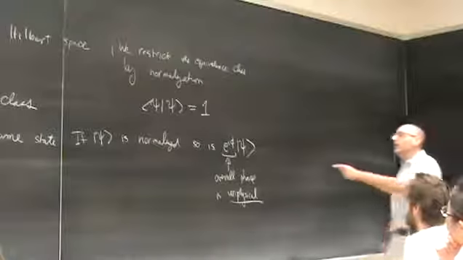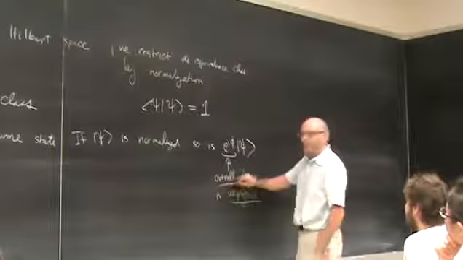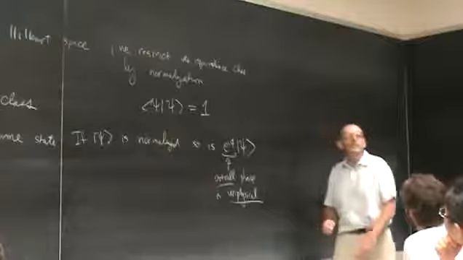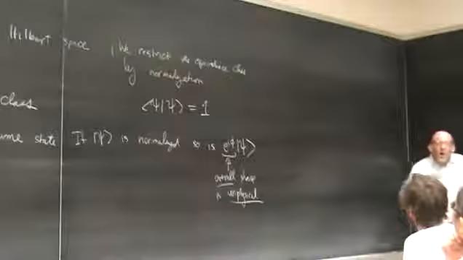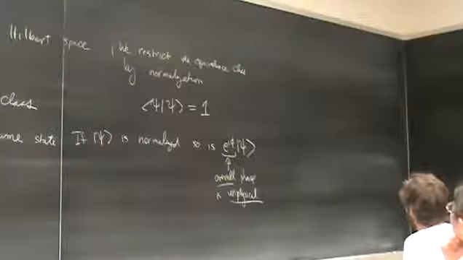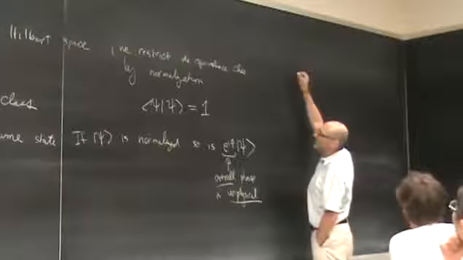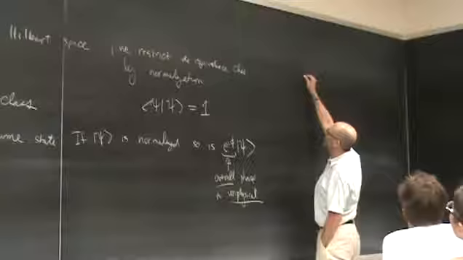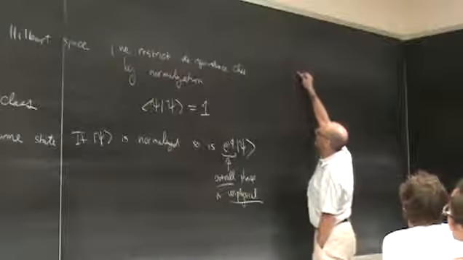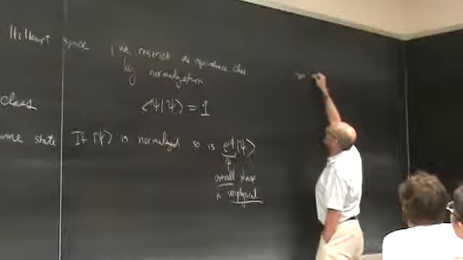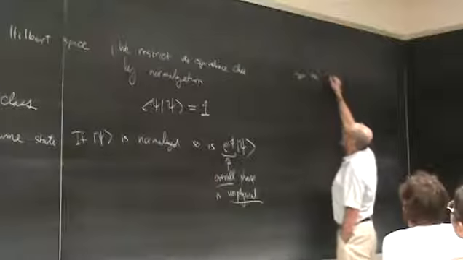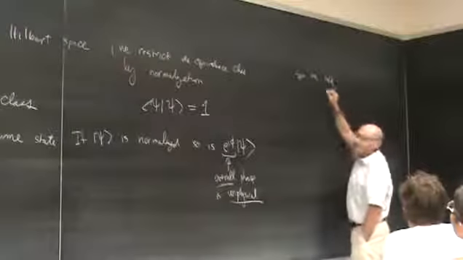Now, even though the overall phase of the state is unphysical, that doesn't mean that all phases are unphysical. For example, let's think about the simple example we've been studying for the last week or so. If we look at spin 1/2, and let's say I have some pure state, psi.